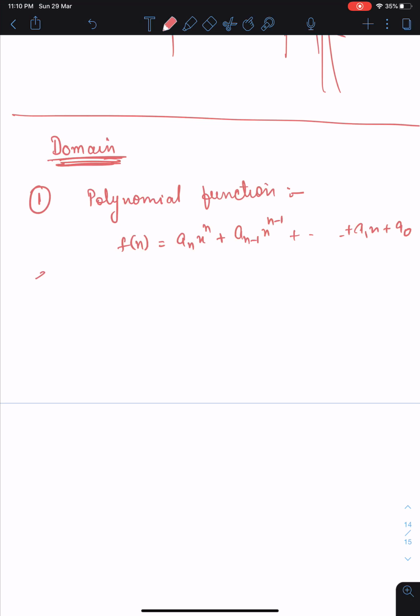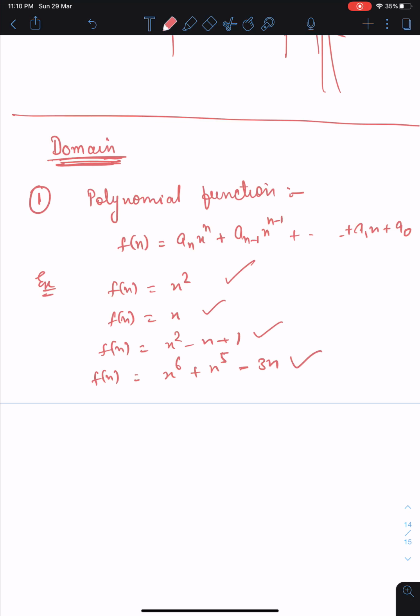For example, if f(x) = x^2, or f(x) = x, or f(x) = x^2 - x + 1, or f(x) = x^6 + x^5 - 3x, these are all called polynomial functions.